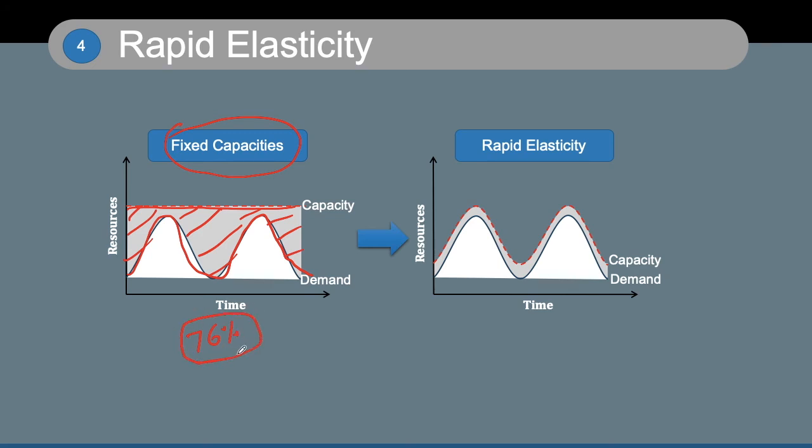So 76% of the capacity is being wasted whenever you go with an on-prem data center or fixed capacity. However, in the case of rapid elasticity, in cloud computing, your capacity can be increased or decreased whenever your demand is changing. So we will change the capacity as and when our demand is changing, and we will only pay for the resources that are being used.